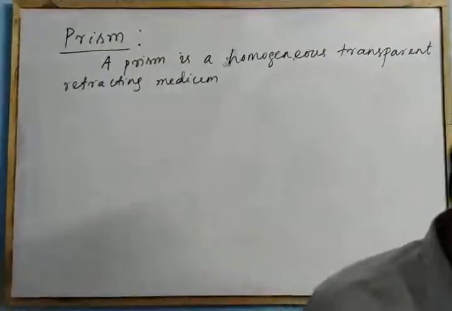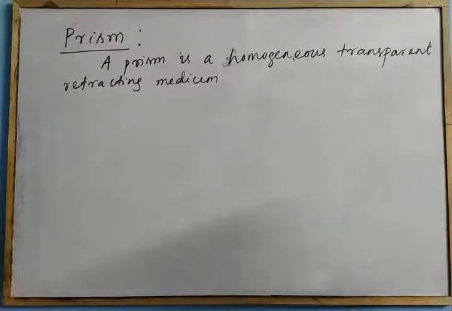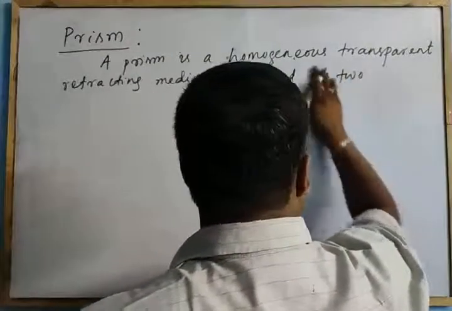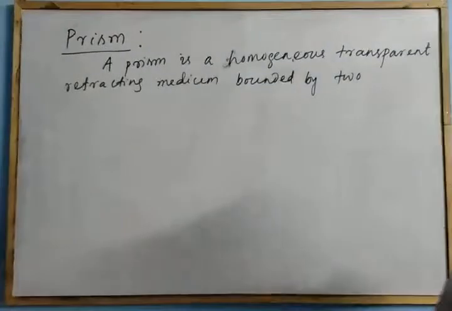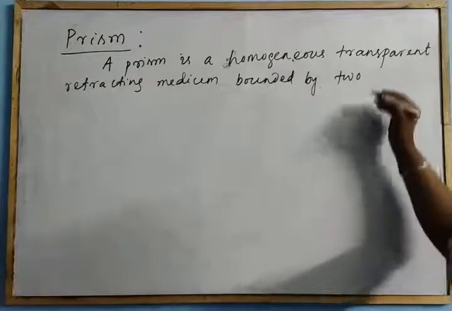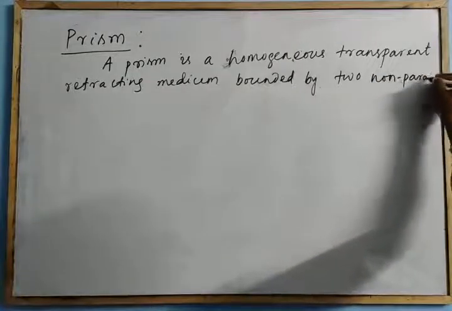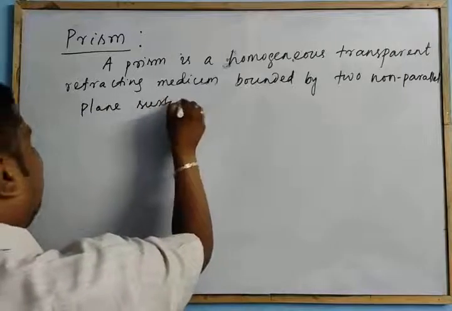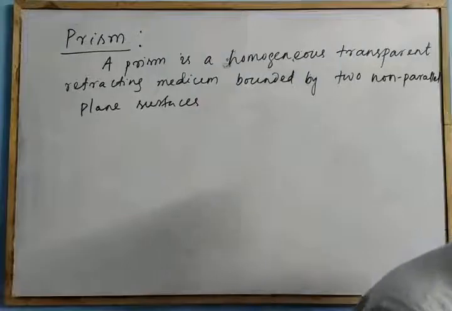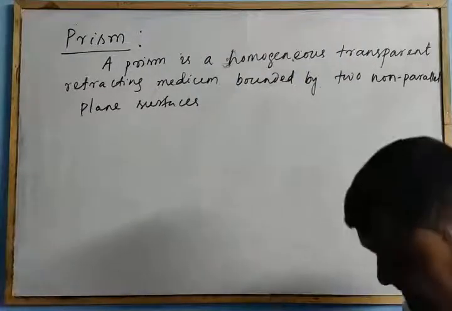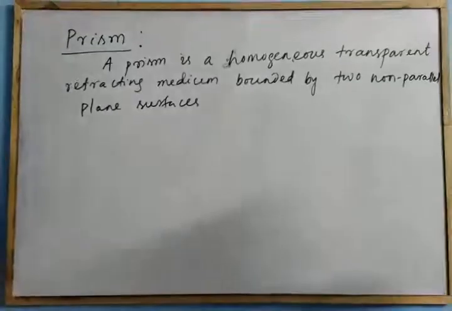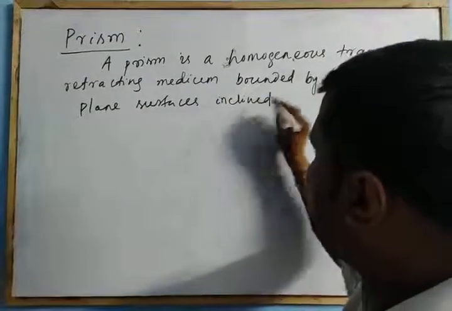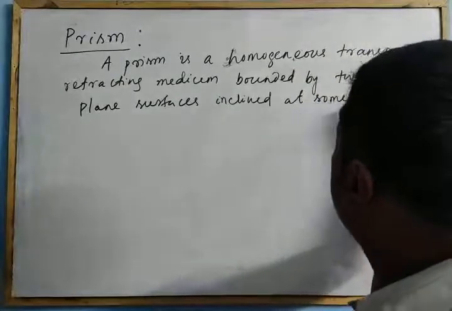It is a transparent refracting medium bounded by two non-parallel plane surfaces, and these non-parallel plane surfaces are inclined at some angle.